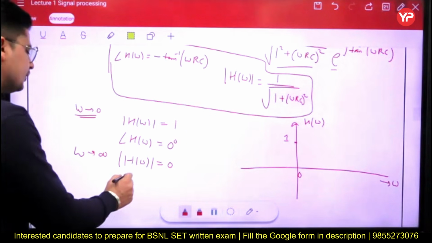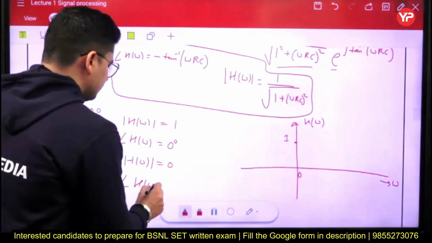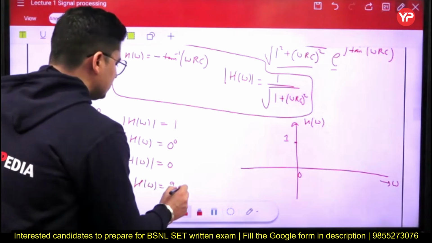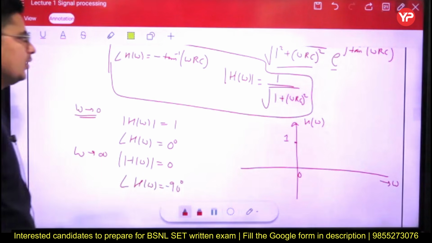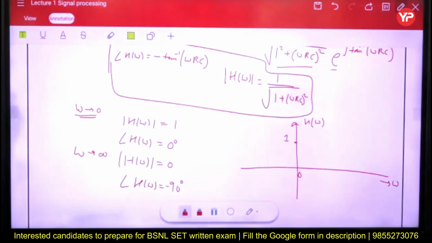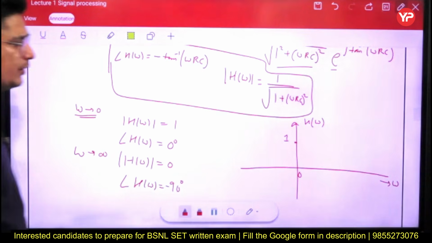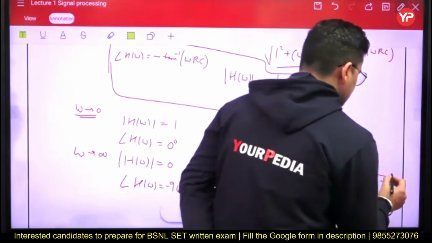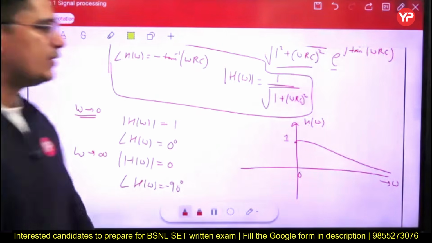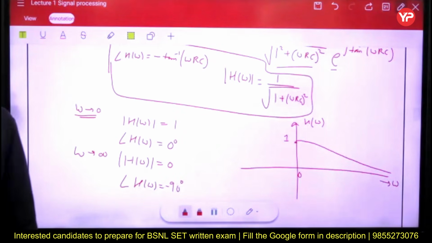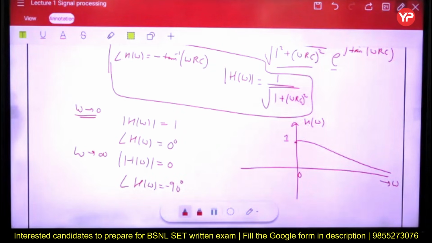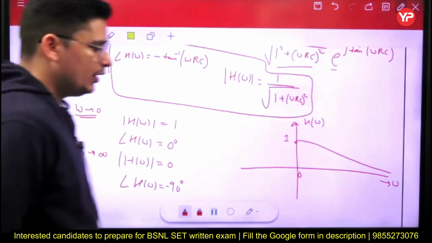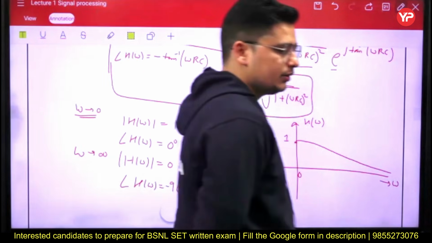And if I go for the angle of H of omega, that becomes minus 90 degrees, not 90 degrees, because tan inverse of infinity will give you 90 degrees and the minus is outside. So if I draw the magnitude curve here, it will look like this. At infinite frequency, its magnitude is going to be 0, and at 0 frequency, its magnitude will be 1.